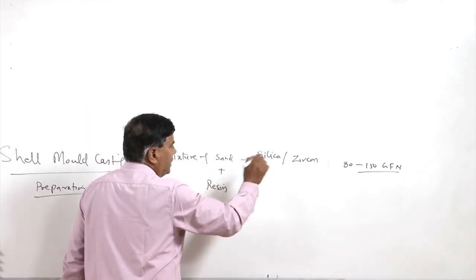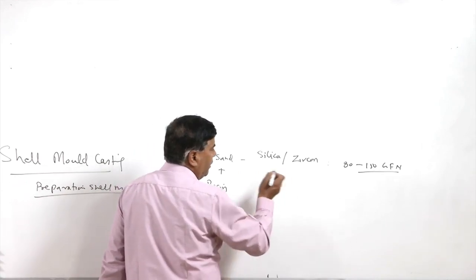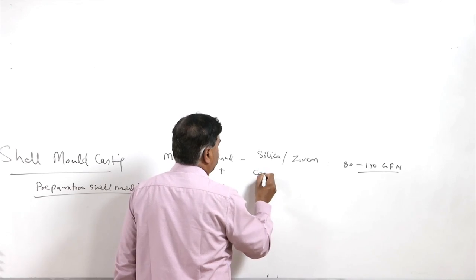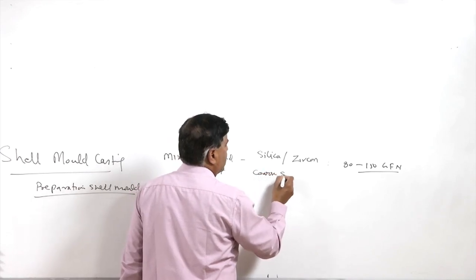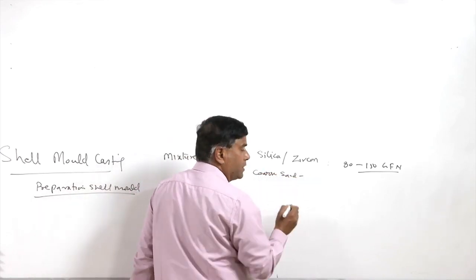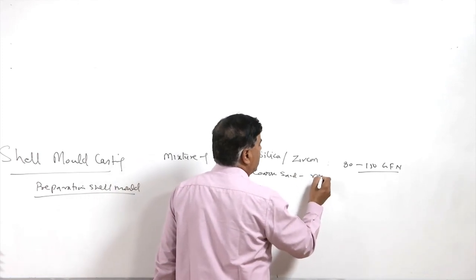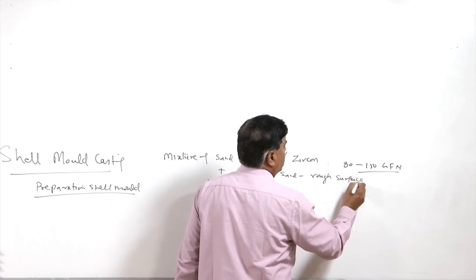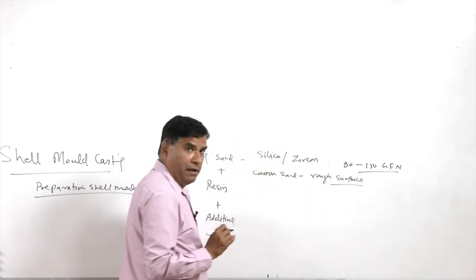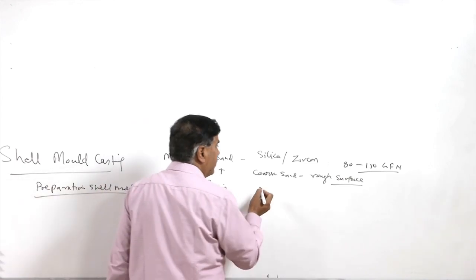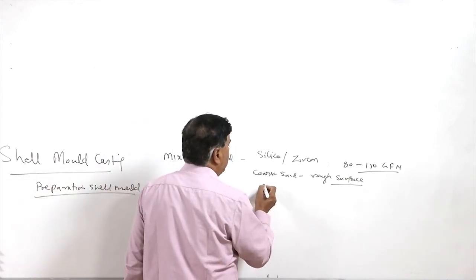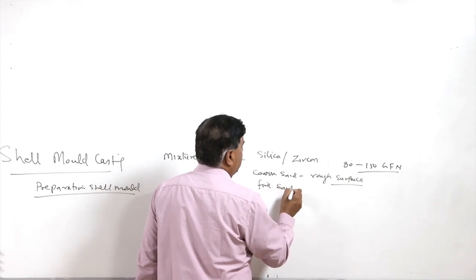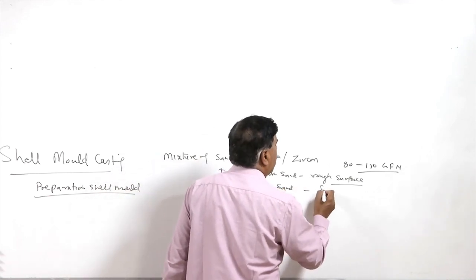Depending upon the size, coarse sand is used where even a rough surface of the casting is acceptable, but if a high degree of surface finish is needed, then fine sand grains are used.